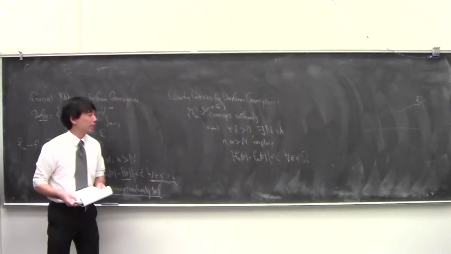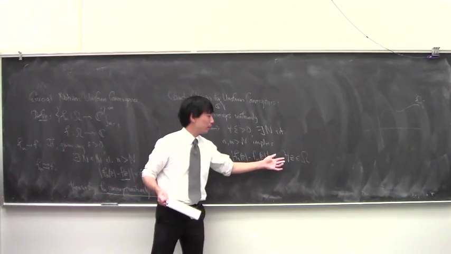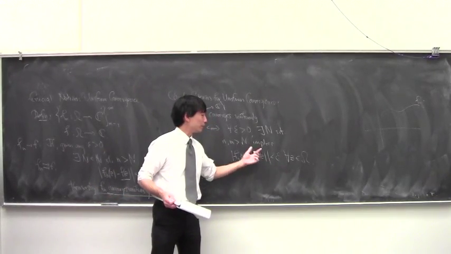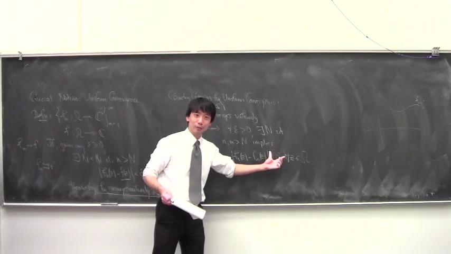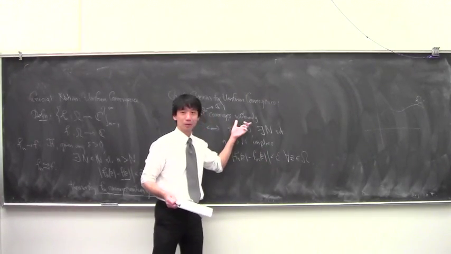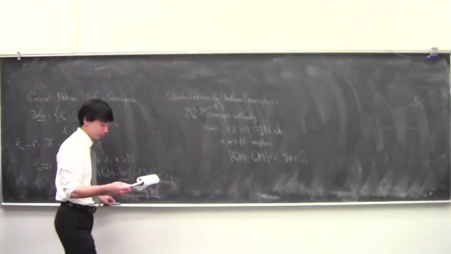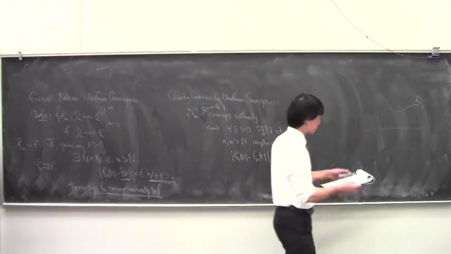So it's sort of what you might expect. If you satisfy your Cauchy criterion uniformly, that means you converge uniformly. The proof of it is not difficult, so maybe I won't talk about it.